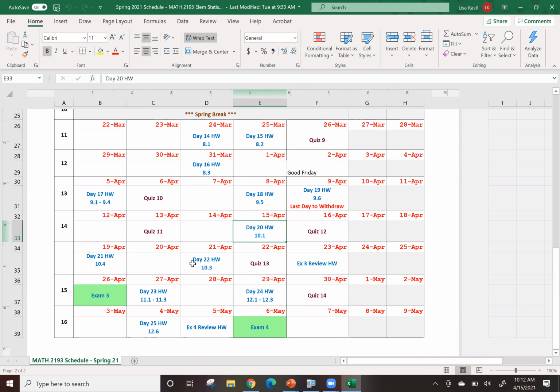And 10.3 is due next Wednesday. We can easily do 10.3 on Tuesday. It's not all that complicated. It's on comparing two proportions, and we're not going to do it using the formulas. We're going to let our calculator calculate the p-values for us.